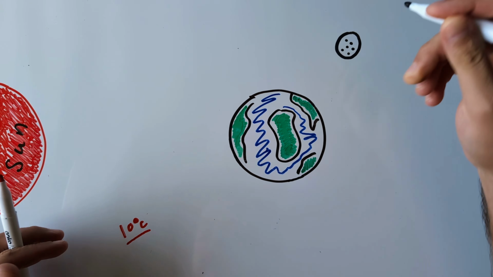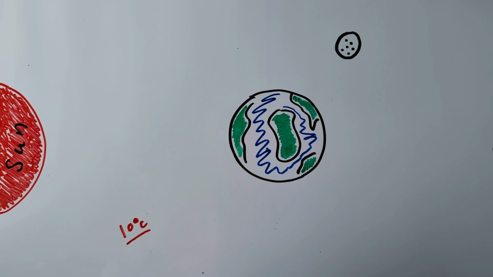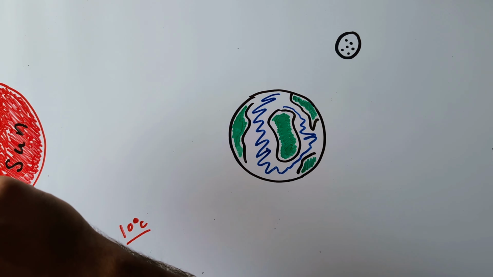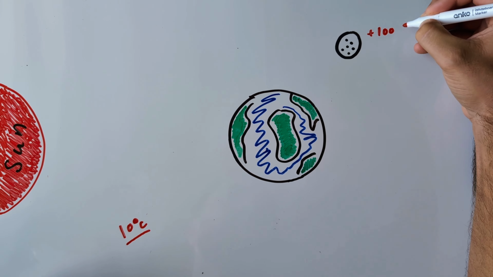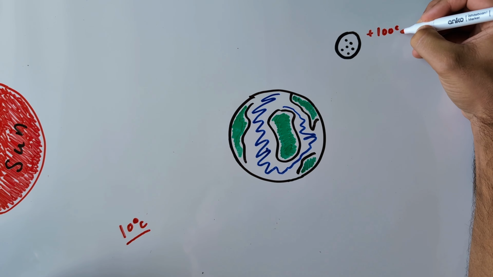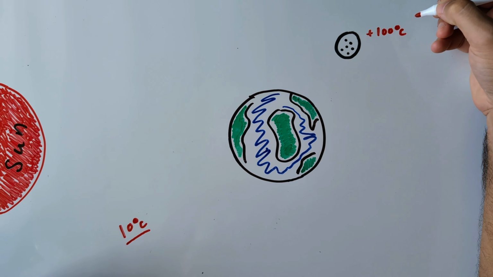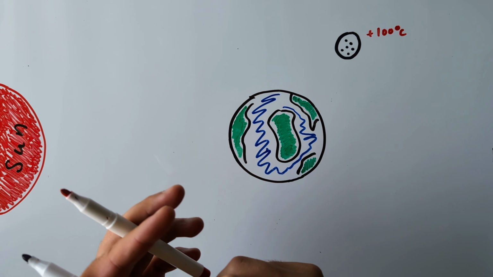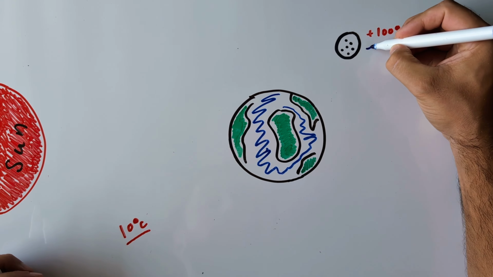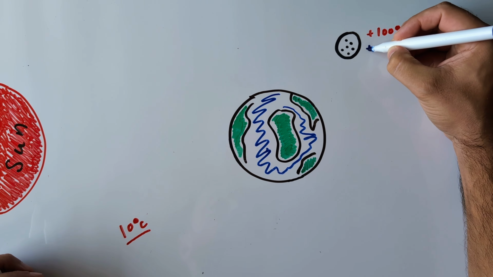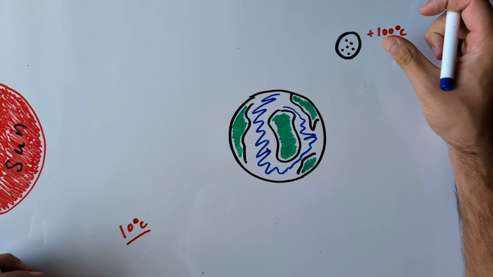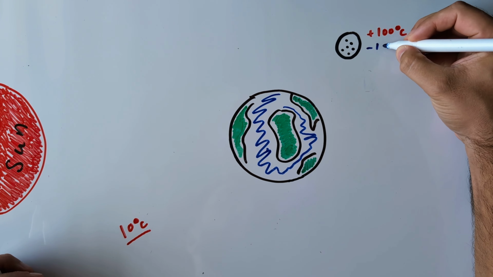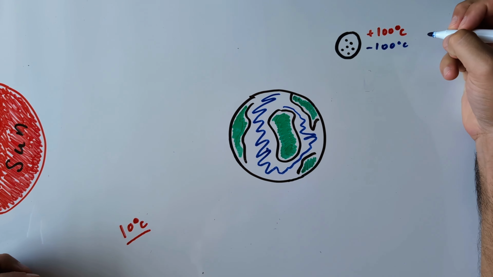So the moon does not have an atmosphere. This means that its temperature in the daytime gets to over 100 degrees centigrade. And at night time, its temperature drops to, should be a minus 100 degrees centigrade.